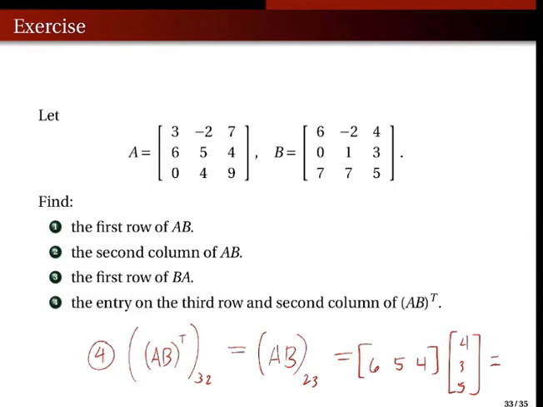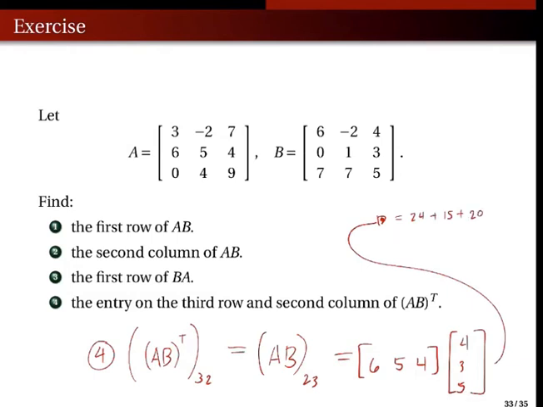Let me write the answer here. I need the space. So let me just write the answer on this part here. You have 6 times 4, that's 24, plus 5 times 3, that's 15, plus 4 times 5, that's 20.